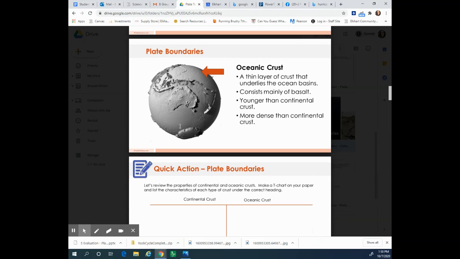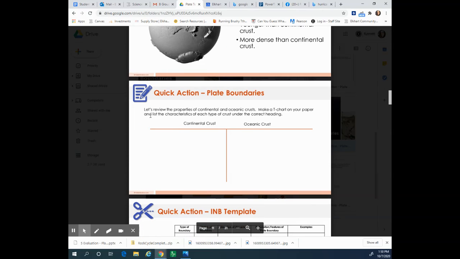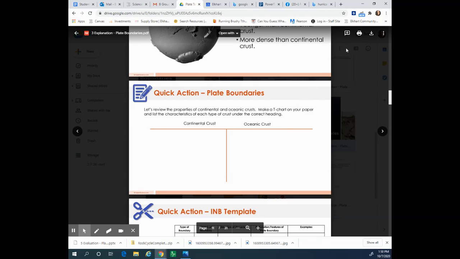Now, as a direct result of that, what you're going to do on this slide right here is compare continental crust to oceanic crust. So you're going to click on your edit. You're going to add a new comment.